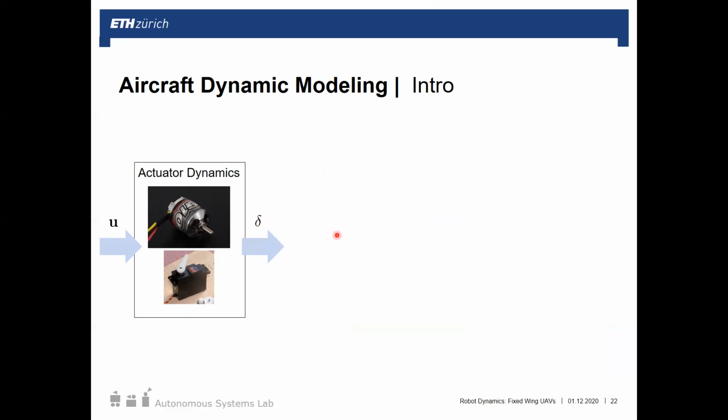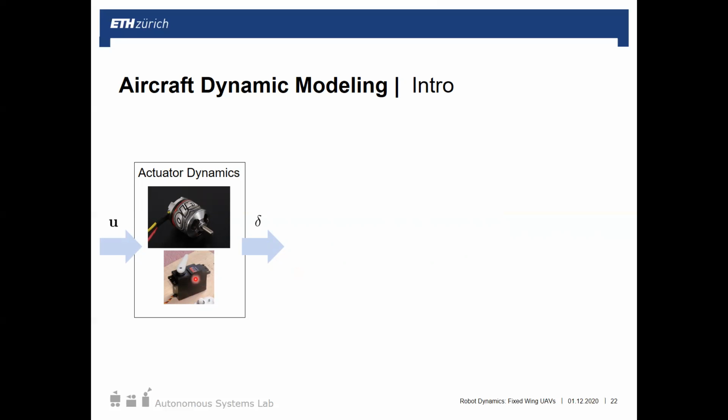That's normally a first order time constant we might use to model these, but they can be measured as well. So you can spool up the motor, let's say on a static test stand, and either measure the force that's acting whenever you give a given input, or measure the RPM, for example, and see what the time constant looks like. Same for the actuator.